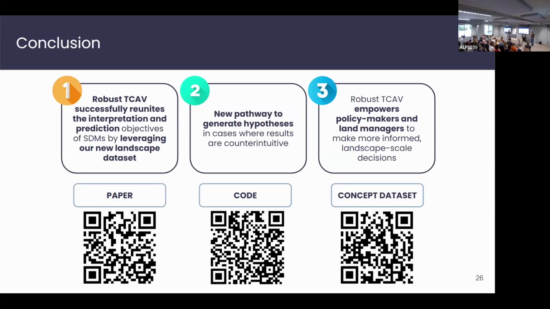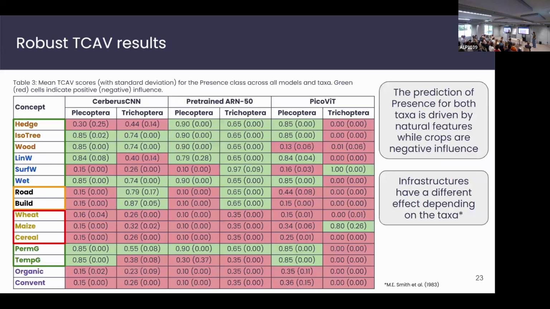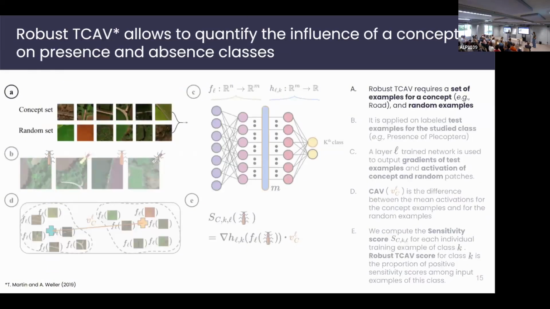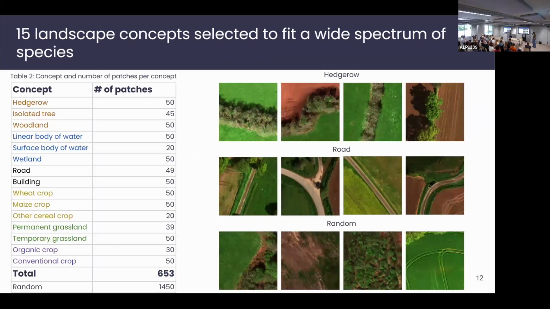Really interesting paper. Did you consider including streams as a feature? Yes, we did actually. Here, linear bodies of water. Yeah, we include many. I did not say streams because, for instance, we have des fossés, ditches, which are not really a stream.